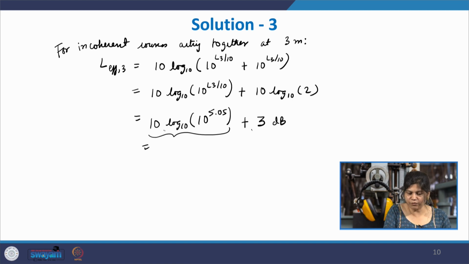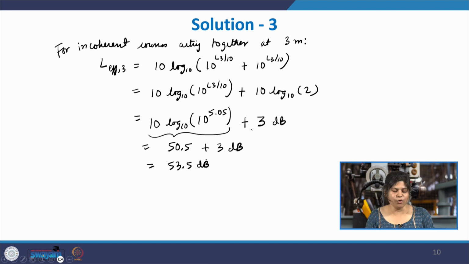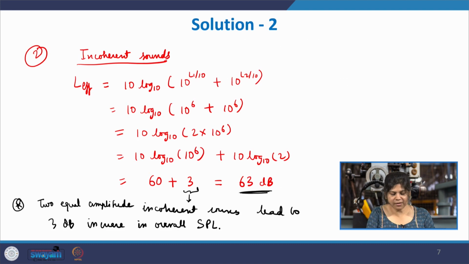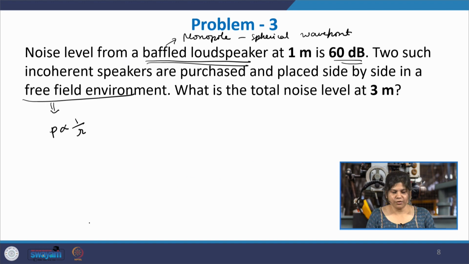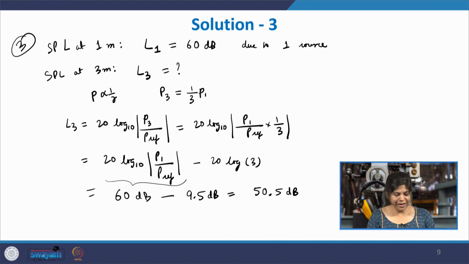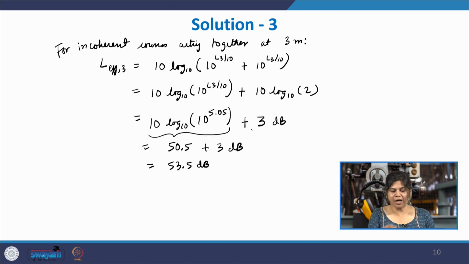When you evaluate, it will become simply 10 into 5.05, which is the original decibel level by each individual source, and the conclusion that we had drawn last time, that two incoherent sources acting together will increase the overall level by 3 decibels. So, the total effective level at 3 meters is coming out to be 53.5, and in this way you solve it.